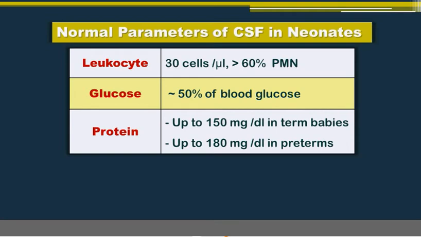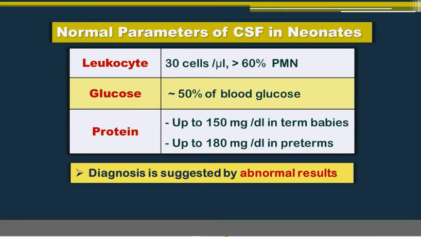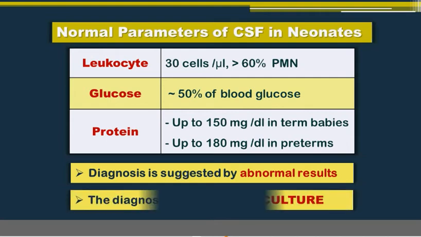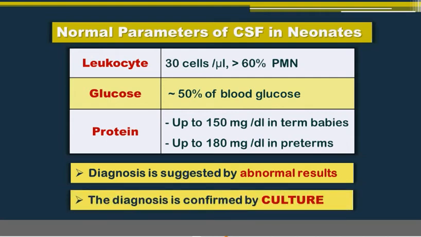The protein may be very high, up to 150 in term babies and up to 180 in preterm. You can compare the normal parameters of CSF outside the neonatal period and in the neonatal period. The diagnosis is suggested by an abnormal result, so an abnormal CSF result is just suggestive, and the confirmation is by doing CSF culture.